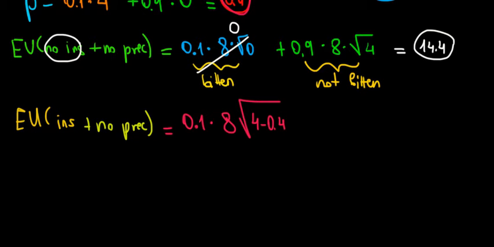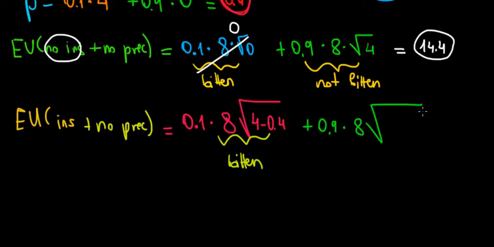That's in the case of being bitten. Now with the remaining probability of 0.9, the guy does not get bitten, so his utility would be 8 times the square root of income, and his income would be the good income, which is 4 euros. But again, we must take into account the premium for the insurance, so minus 0.4 as well.